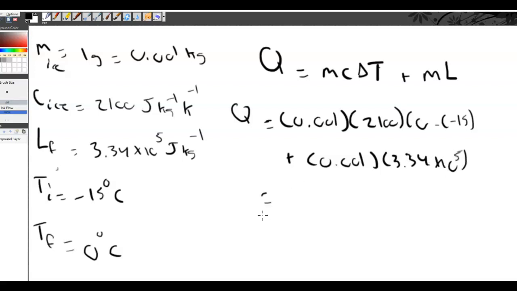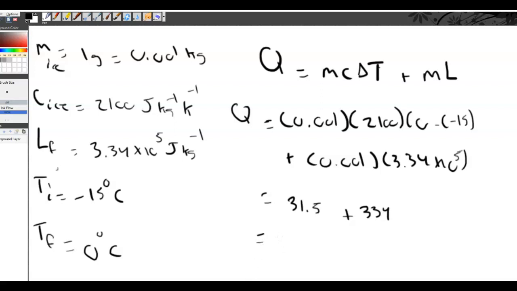I'm just going to work that out with my calculator. The first term is going to be 31.5, and then the second term, 0.001 times 3.34 times 10 to the 5, is going to be 334.